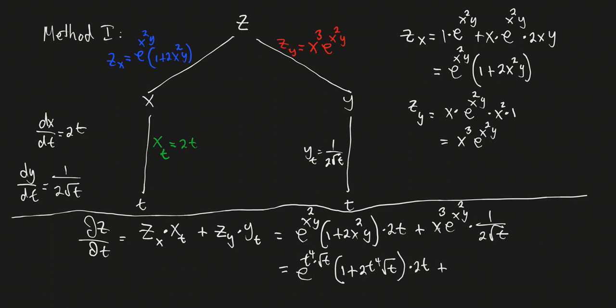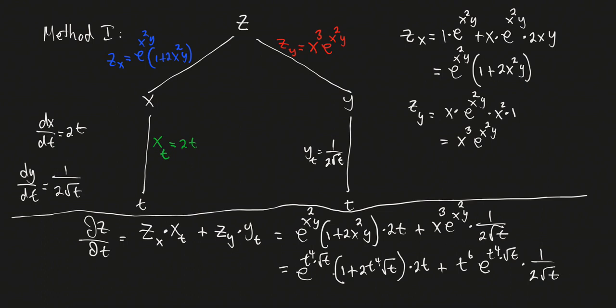and then plus, now here we have to cube it. So t squared cubed, that's t to the 6th, and then the e has the same expression in the exponent, the t to the 4th root t, and then times 1 over 2 root t. So that's it.